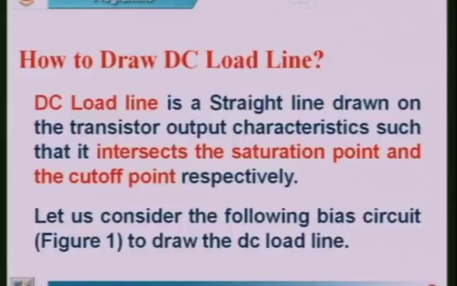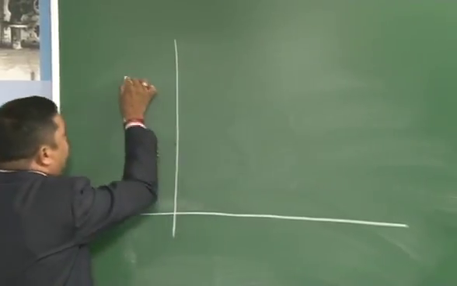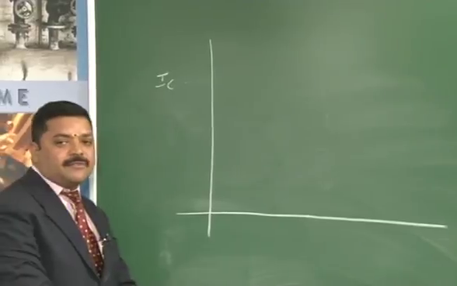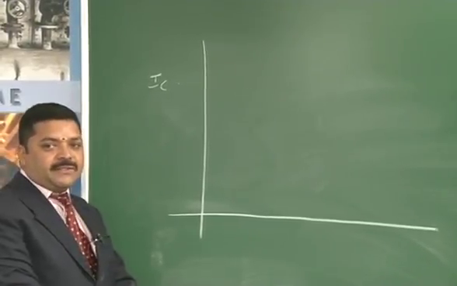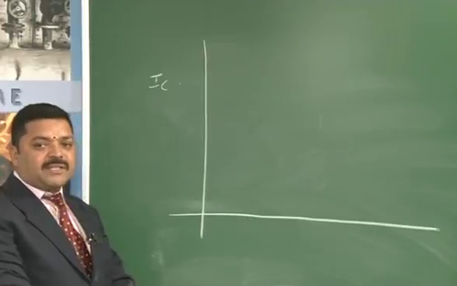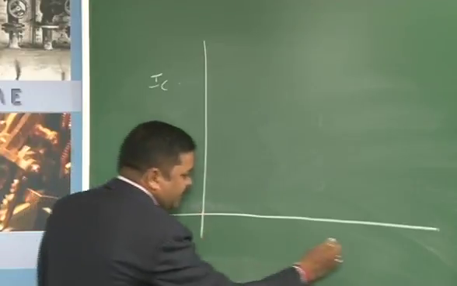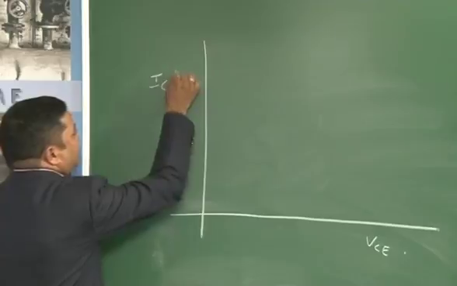So, the output characteristics look like this. The output characteristics of BJT in CE configuration is the graph of IC versus VCE, keeping the base current, or the input current, constant. The x axis is VCE, the y axis is IC.